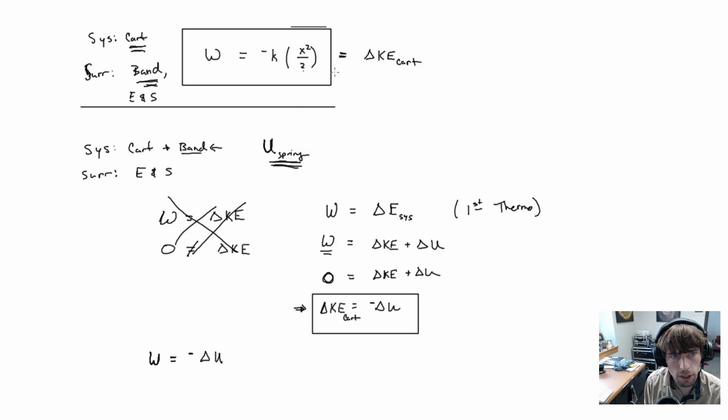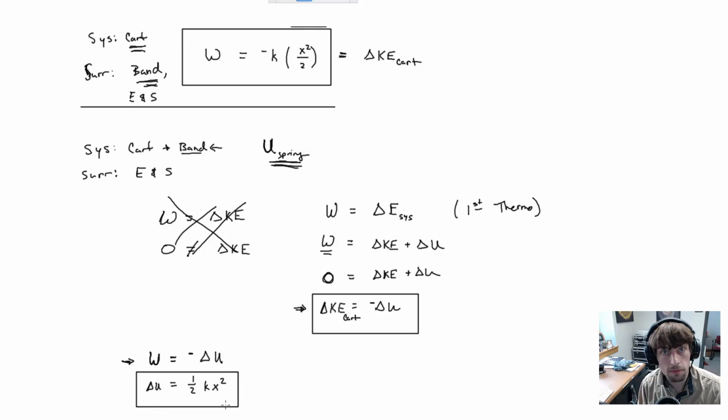If I set work equals kinetic energy, which equals the negative potential energy, by the transitive property, that must mean that the work is equal to the negative change in potential energy. Which means a change in potential energy for this situation is just 1/2 kx squared. The energy stored in the rubber band during this situation must be given by that.